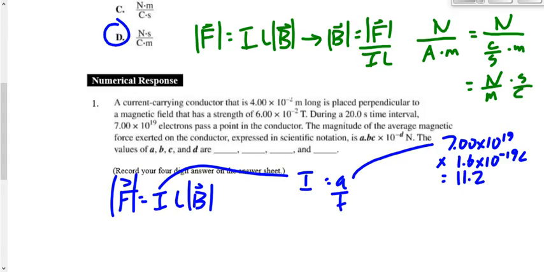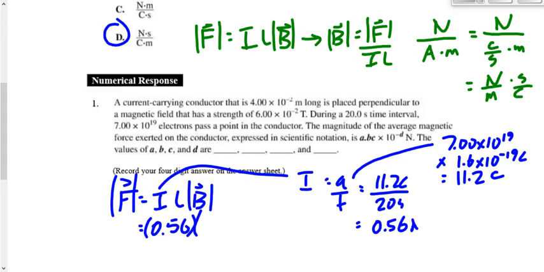And that would be coulombs, which we'll now take and divide by 20 seconds. That gives me 0.56 amps, or coulombs per second, which I now multiply by L times B. Length is 4 times 10 to the minus 2. And the magnetic field is 6 times 10 to the minus 2.